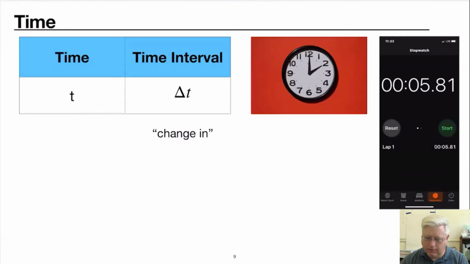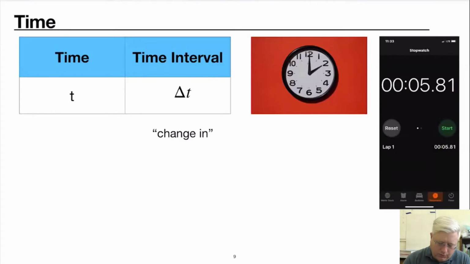For instance, if you use a stopwatch, like on your phone, this particular stopwatch measured a time interval of 5.81 seconds. So it's an amount of time that elapsed, or there was a change in time.